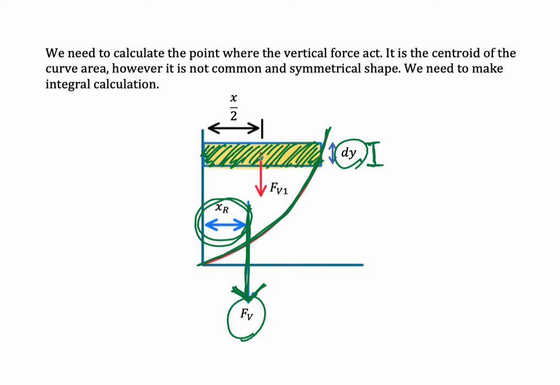So and then we could calculate the vertical force of this thin small area here as Vf1, and it will act at x over 2. Why? Because we assume that this total length is x. So and then it will pass through the centroid. The centroid means the center point of the x, so we assume it is equal to x over 2.